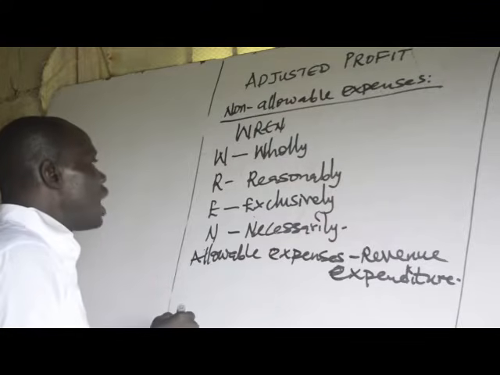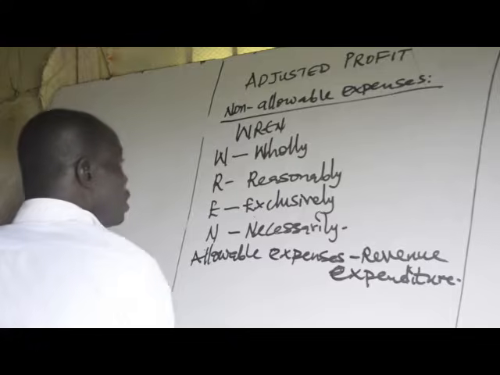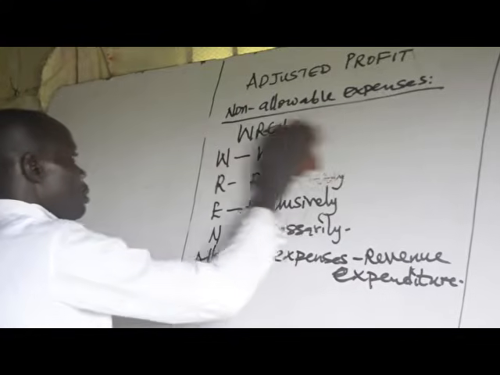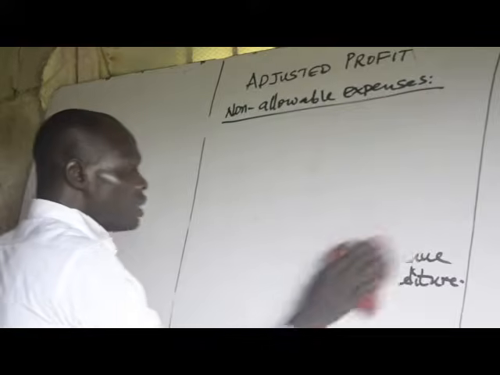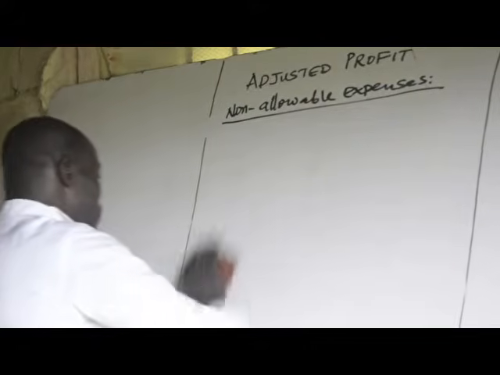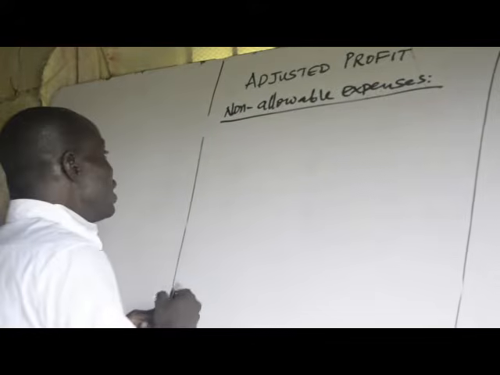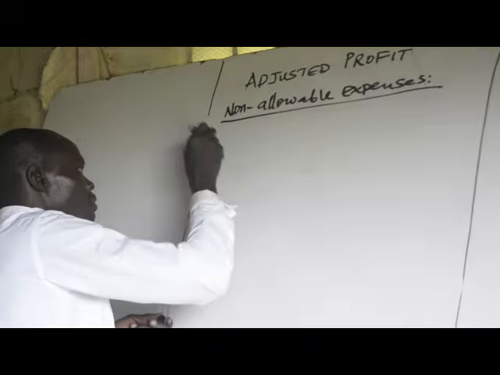The list of non-allowable expenses includes: number 1, depreciation. Depreciation is not allowable for tax purpose. Depreciation is an accounting derivative.